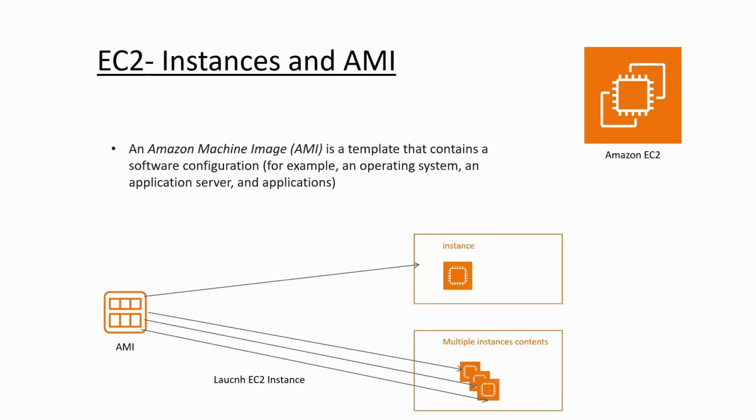EC2 instances and AMI. So I told you AMI is what? Amazon Machine Image, right? It's a template. For example, you need a template for a 2008 server, right? Normally whenever you buy a blank server or laptop, you have to install the OS in that, right? But Amazon gives you the option to choose an AMI while building a server, like 2008 AMI, 2016 AMI, Linux AMI, Ubuntu AMI, right?